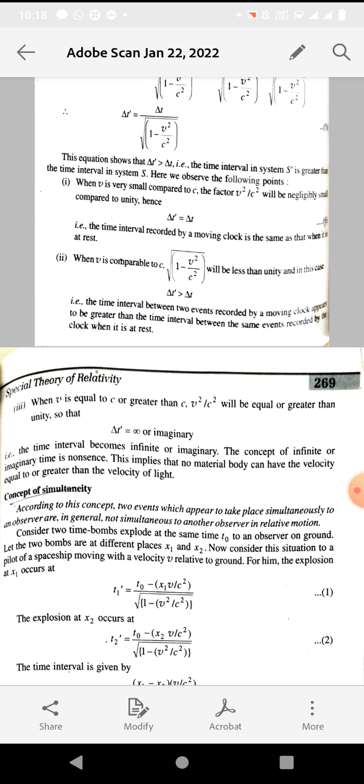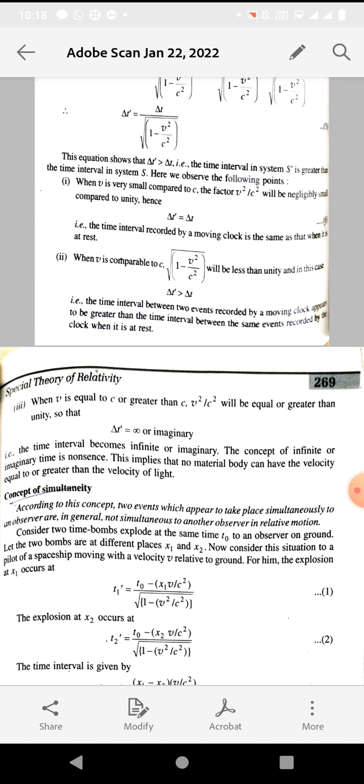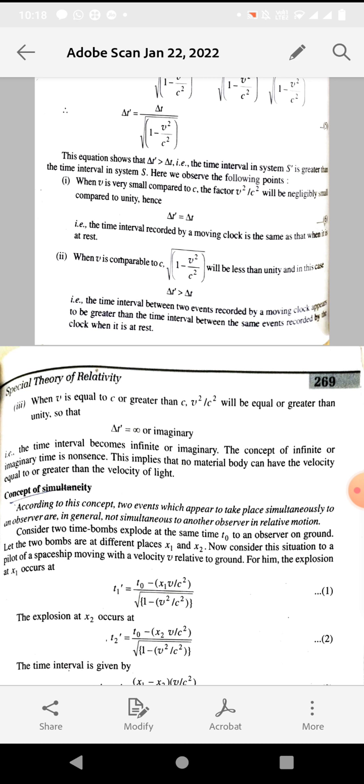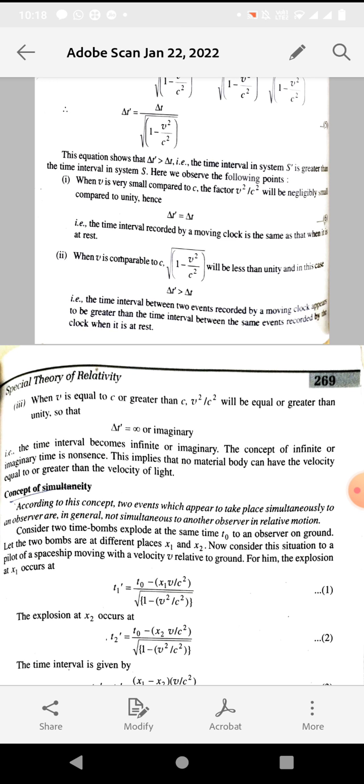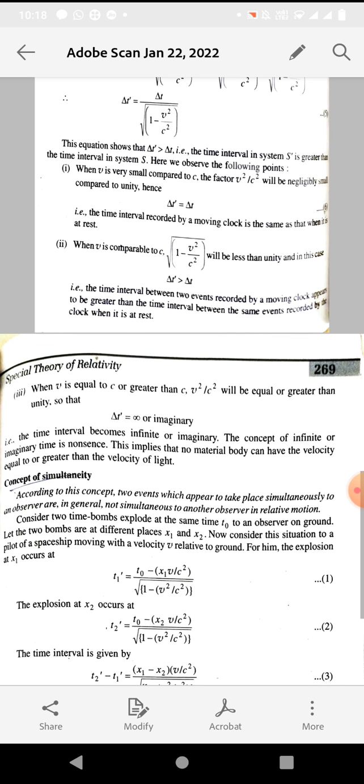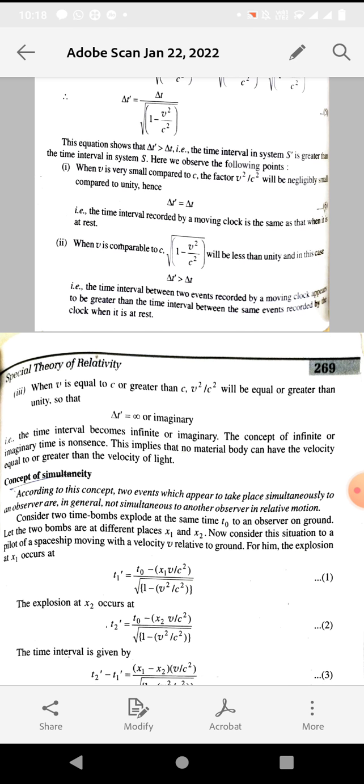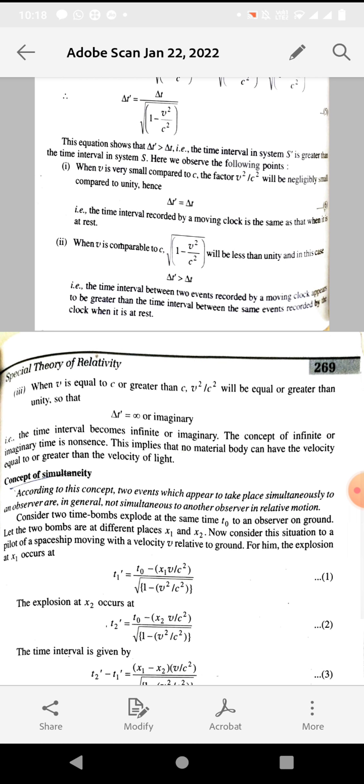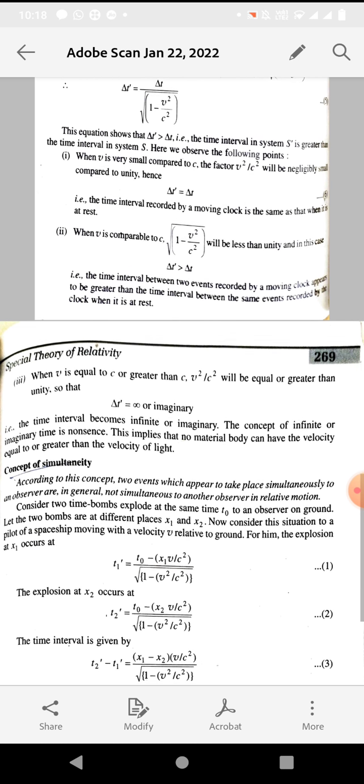The time observed in S dash is more compared to S. This time dilation occurs when the S dash frame velocity is comparable to the velocity of light, c.